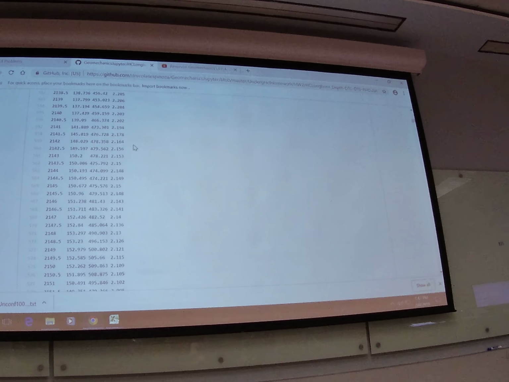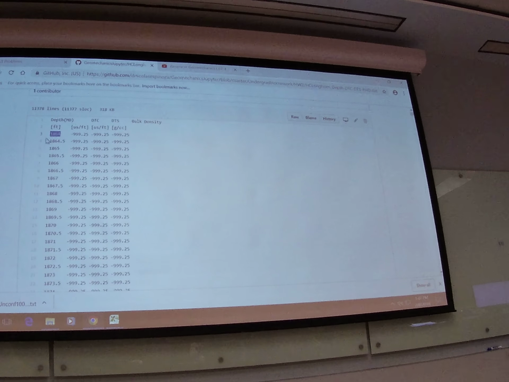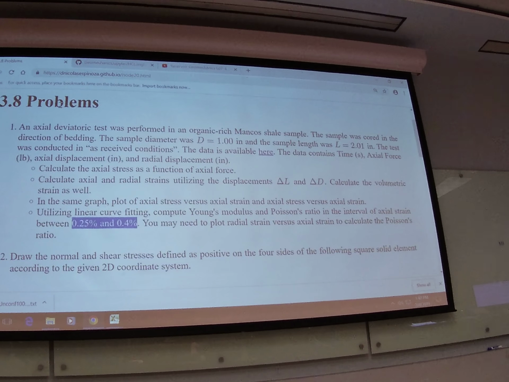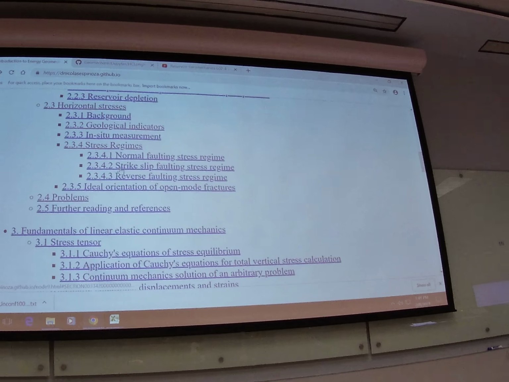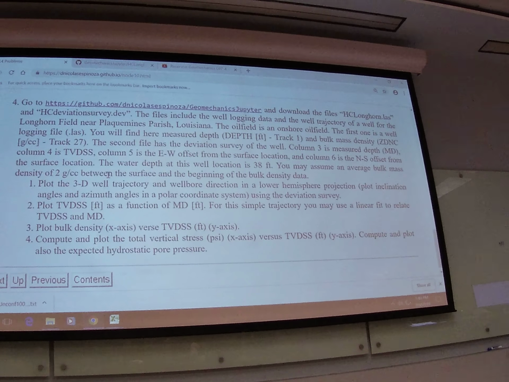So, whenever you have this negative 999, and also for depths which are above this depth, I am asking you over here to assume, if I remember correctly, a density of 2 grams per cubic centimeter. Just assume that constant above that depth, because you don't have any data. You have to make some assumption.